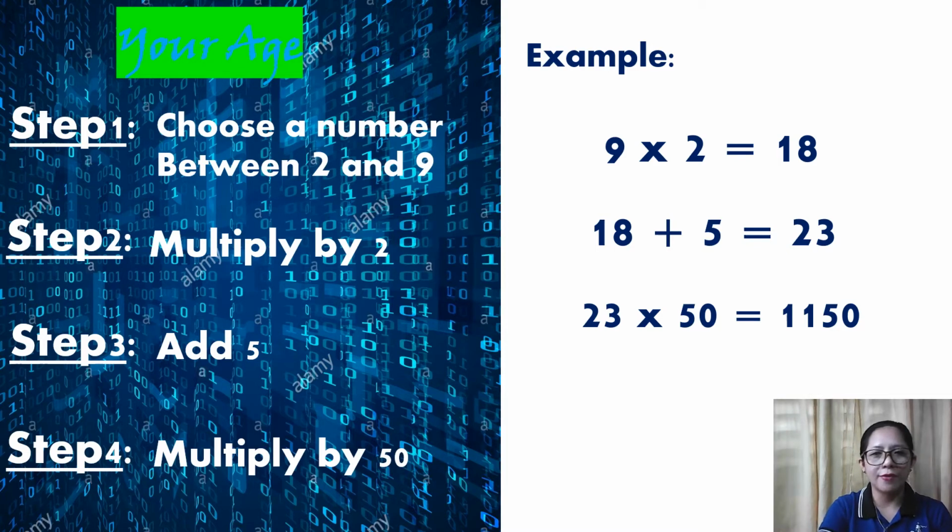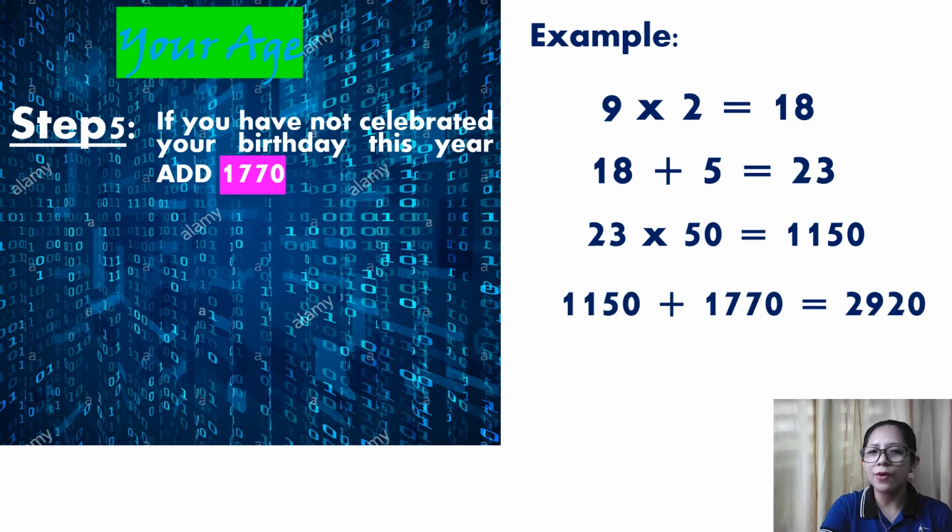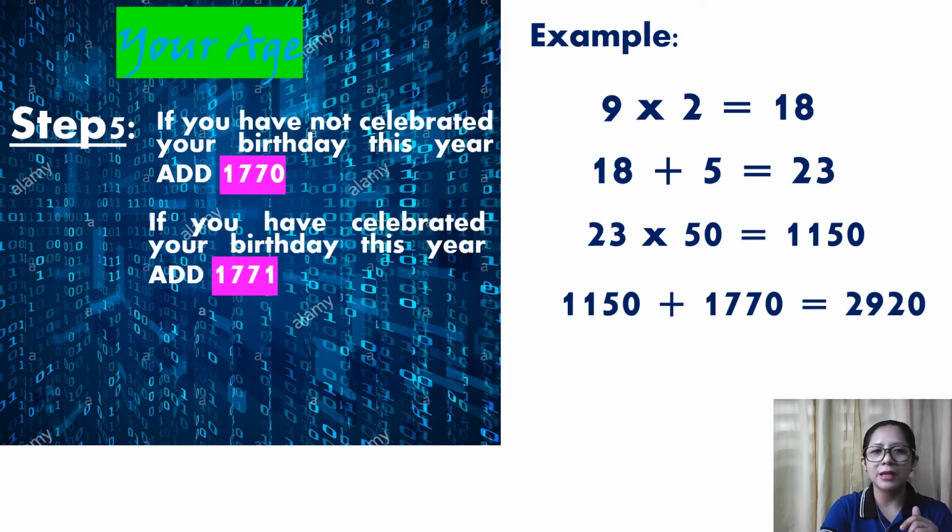So I hope you're following the steps. And next step is, if you have not celebrated your birthday this year, you add 1,770. But if you already celebrated your birthday, you add 1,771.